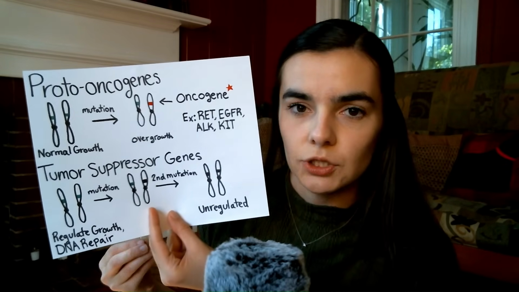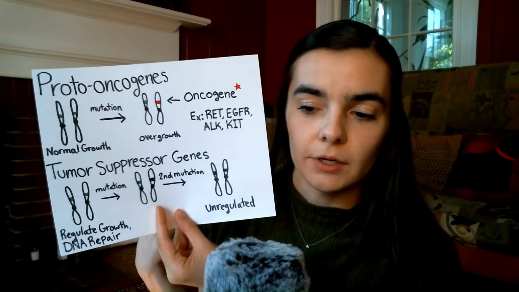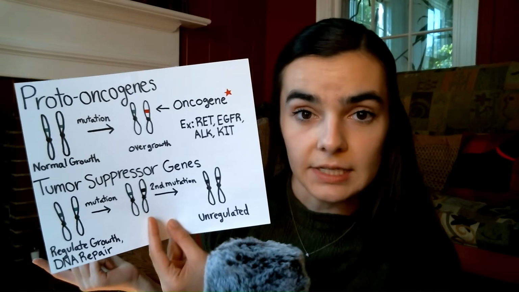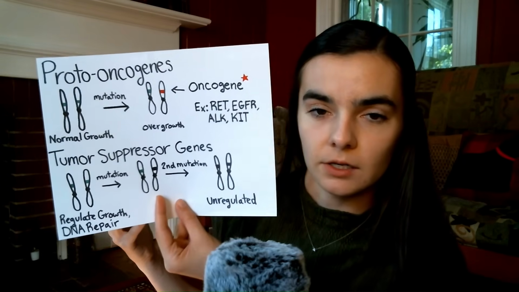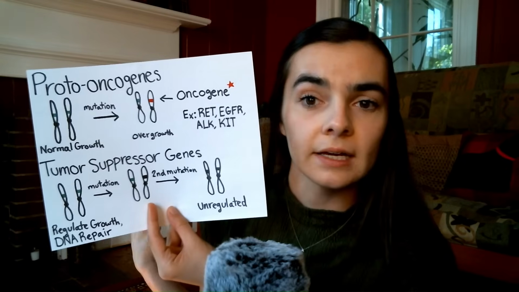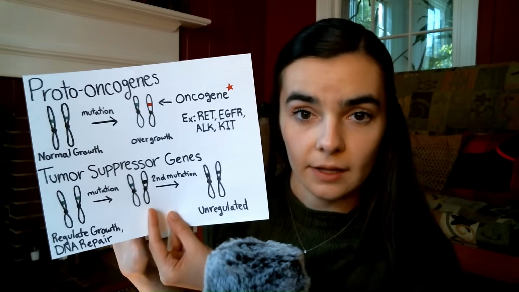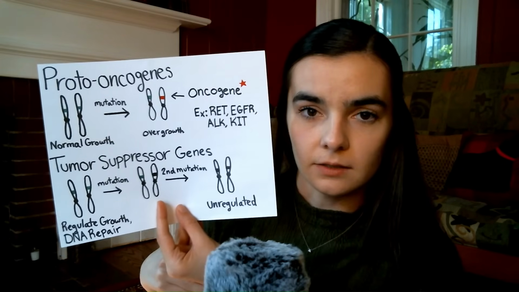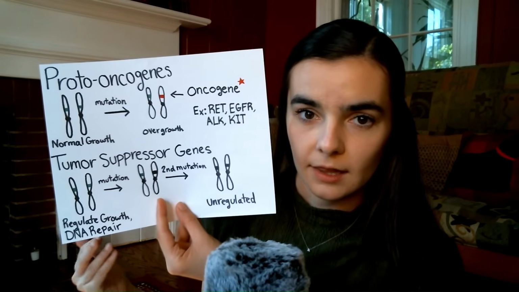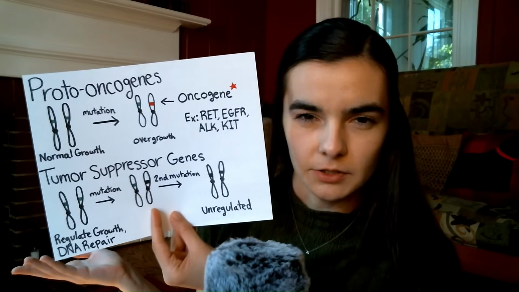These genes are responsible for repairing our DNA, like if a mistake or mutation happens in our DNA in the cell cycle, or removing the cell from the cell cycle, inducing apoptosis or cell death.